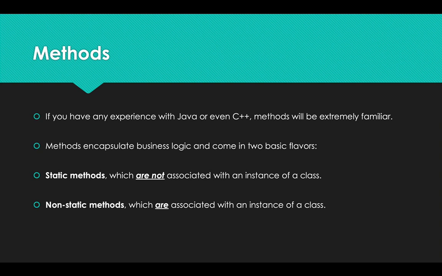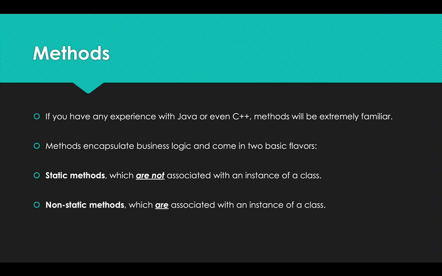So methods are going to seem very, very similar to you if you've ever seen Java or C++, if you've ever been in an object-oriented programming class before. Methods basically just encapsulate business logic, and they cut up the different things that a class is capable of doing so that you don't have one monolithic piece of procedural code that you need to troubleshoot or maintain in some way.